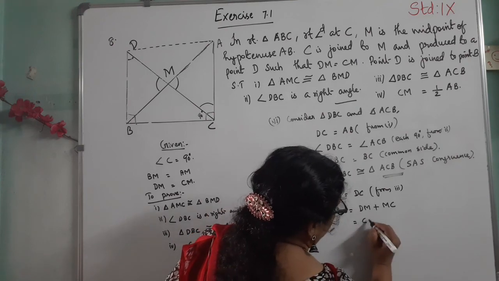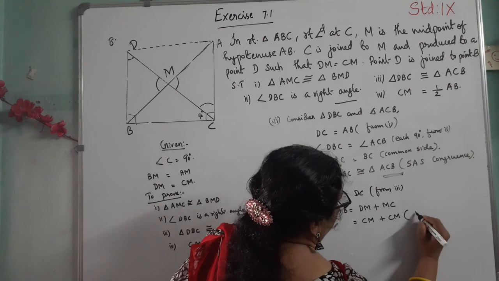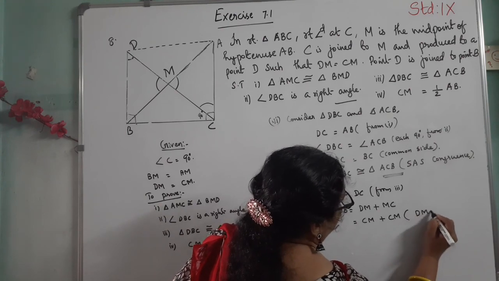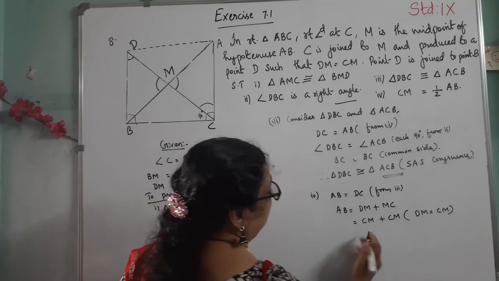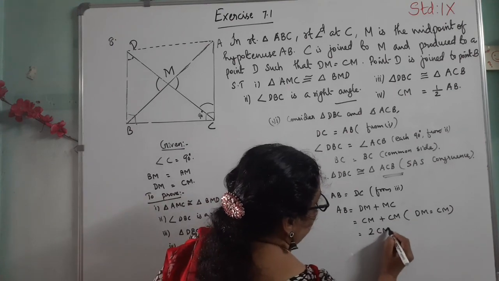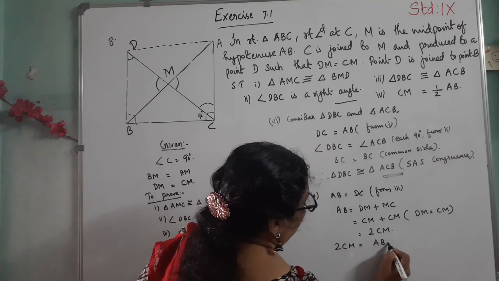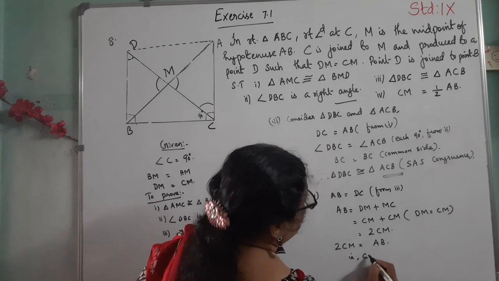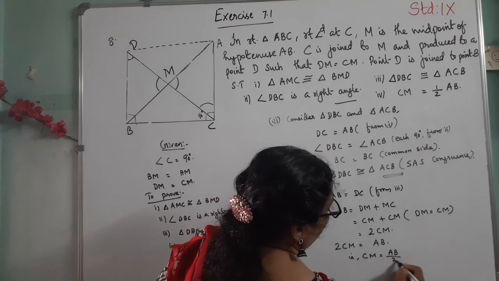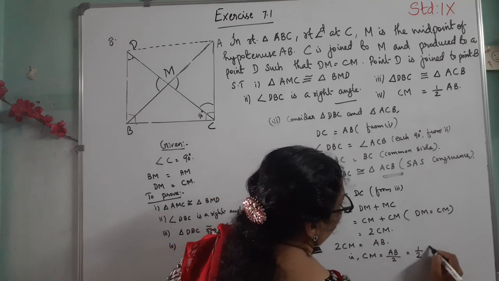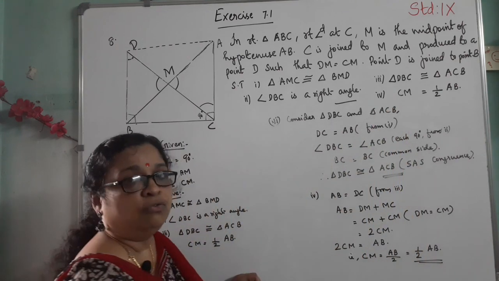So CM plus CM equals 2CM. That is 2CM equals AB. That means CM equals AB divided by 2, which is equal to half of AB. So hence we proved the fourth part.